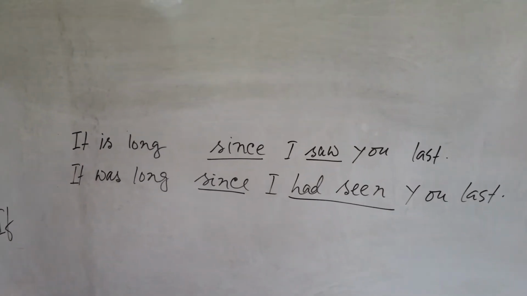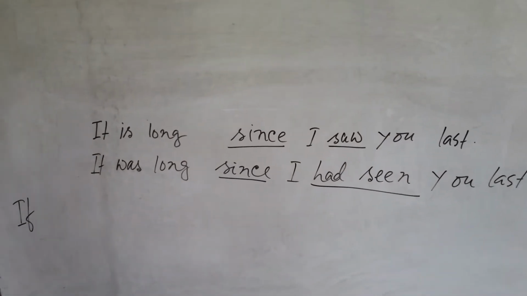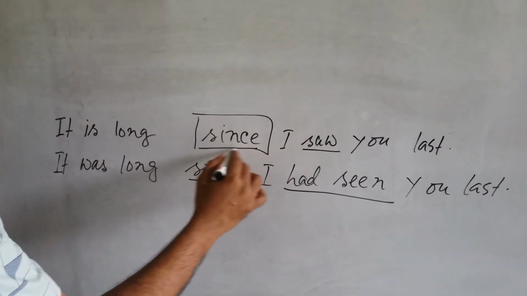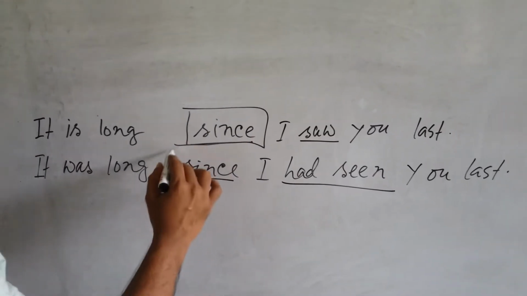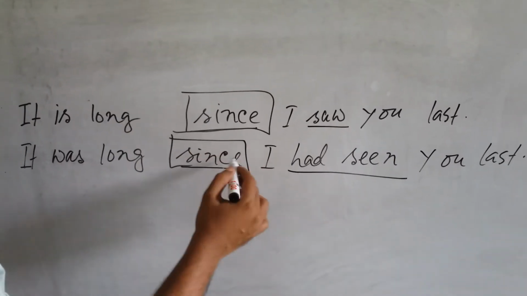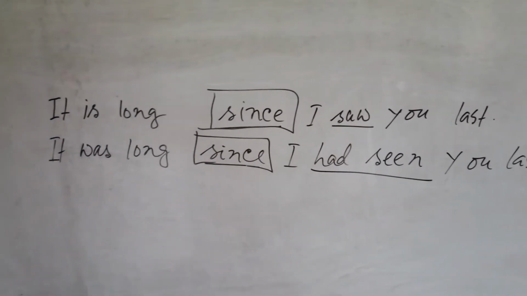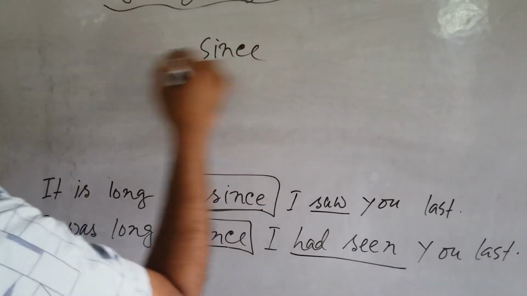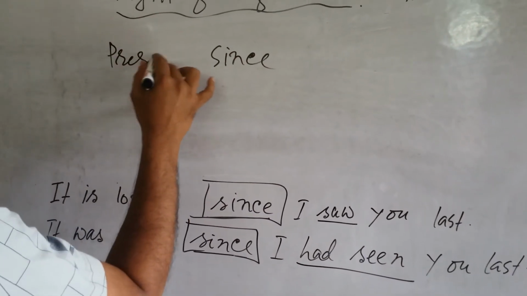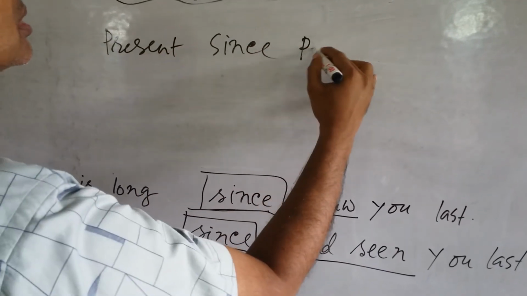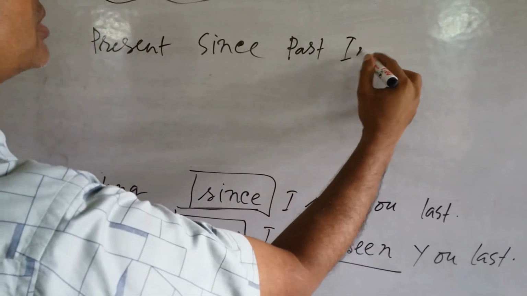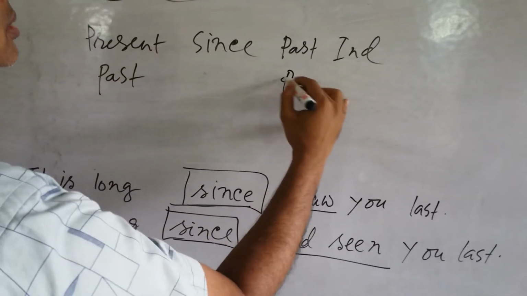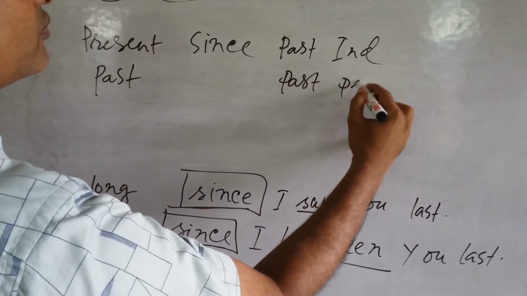There is another conjunction, it is since. Since is a conjunction here, and there are two clauses, before since and after since. So we will remember: since, present, past indefinite, past perfect.